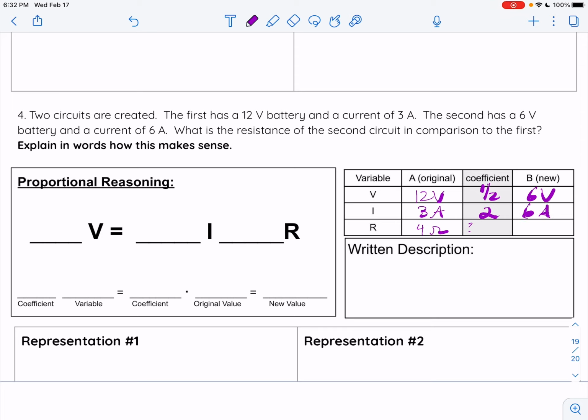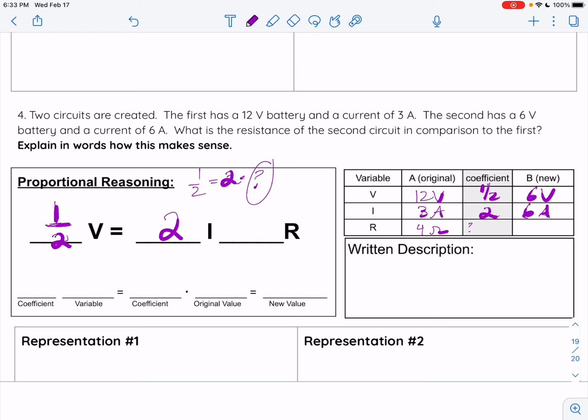So what's going to happen to the resistance? If the current is doubled and the voltage is halved, this one's a little bit trickier. So I have a half is going to equal something times 2. What has to go here in order to make this side equal a half? Let's think about it. I'm not pushing as hard, but I have twice the current.